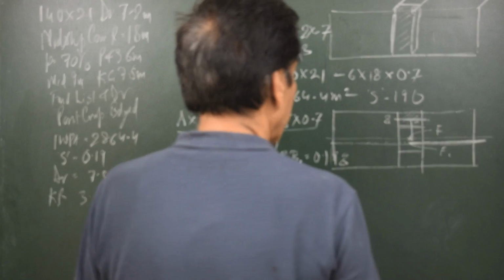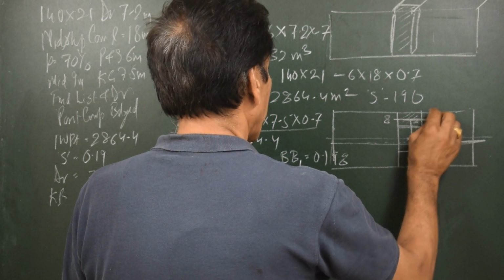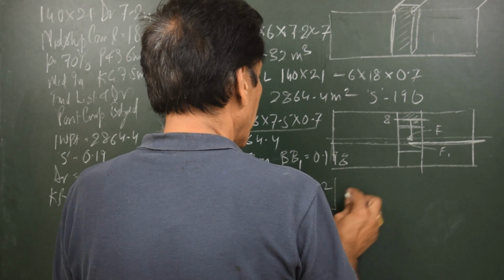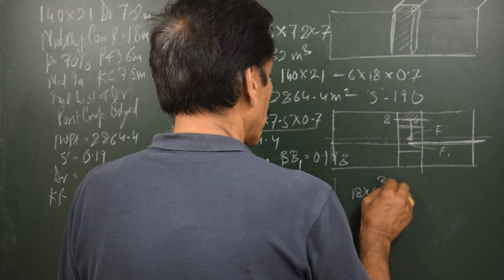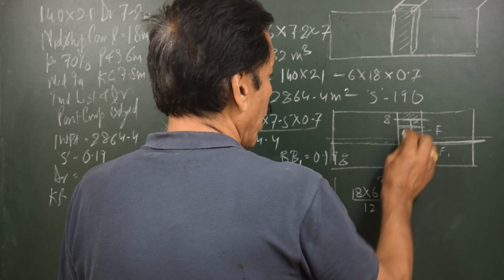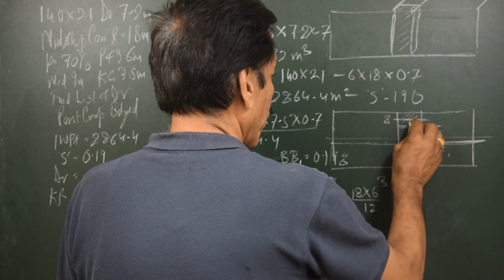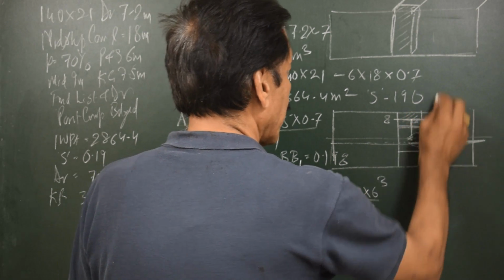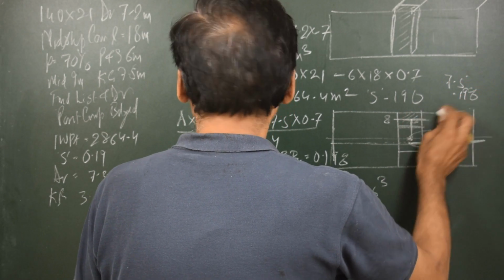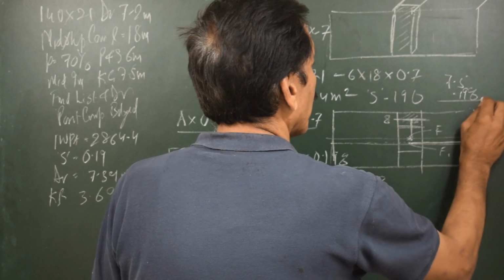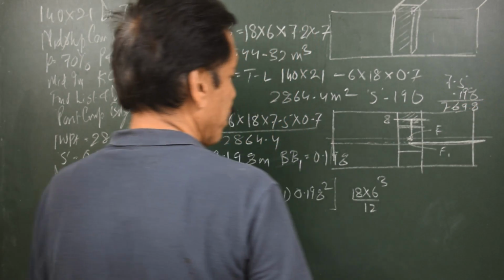Lost moment of inertia is, first of all, the moment of inertia about its own axis, that is the damaged compartment axis. So that is 18 into 6 cube upon 12. Now what is the moment of inertia about this new fore and aft axis? The distance to the new fore and aft axis is 7.5 plus 0.198, so that is 7.698.